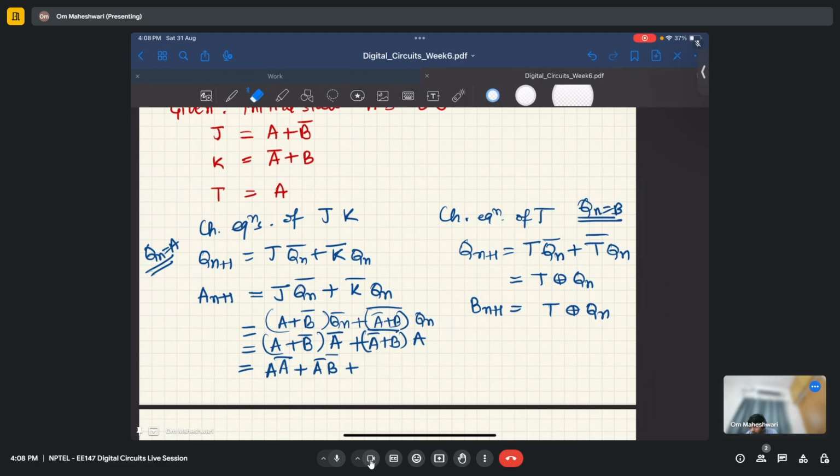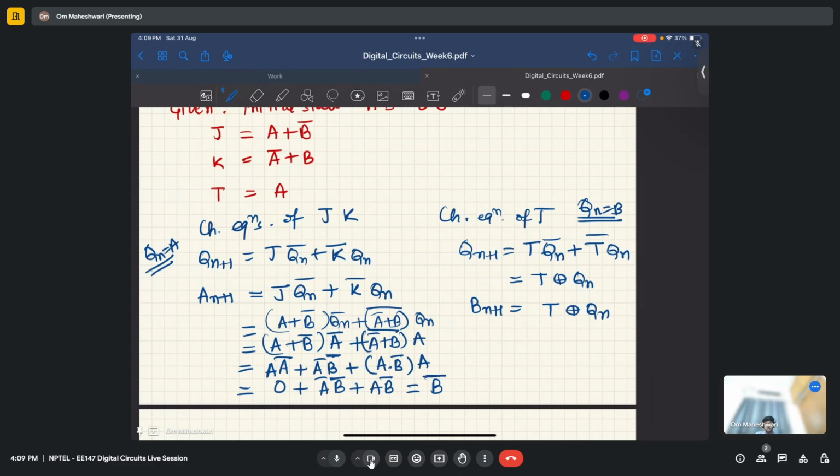We need to expand this by applying De Morgan's. In this, we will get A dot B bar A, which is 0, plus A bar B plus A B bar, plus A bar B bar.